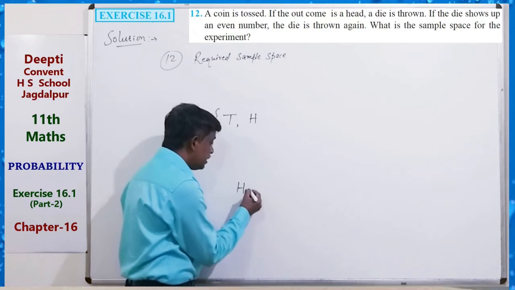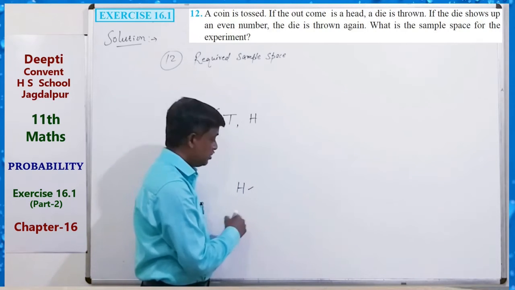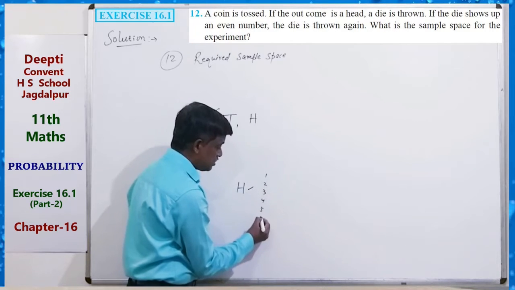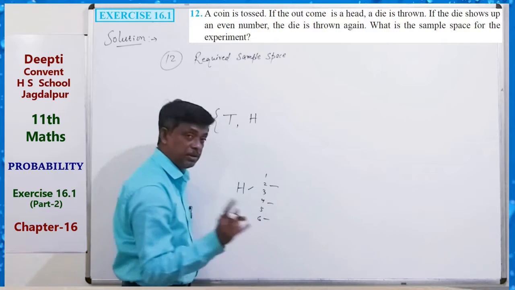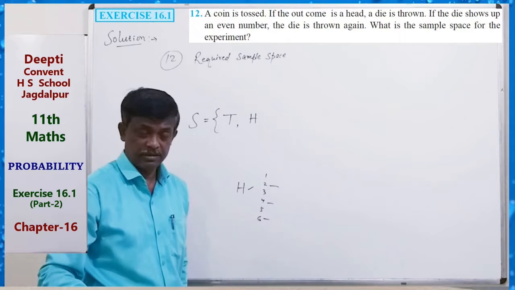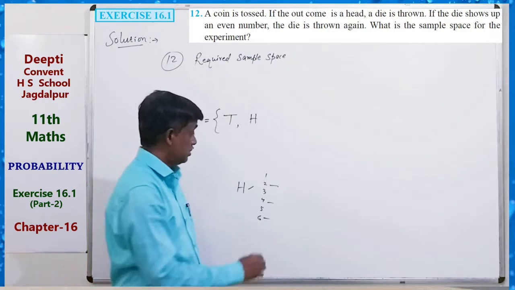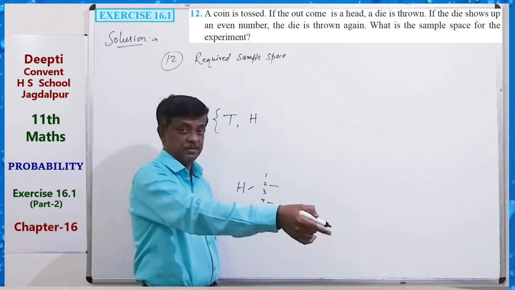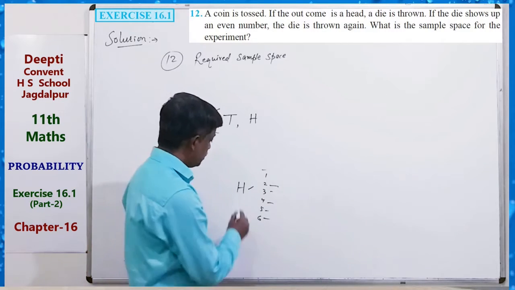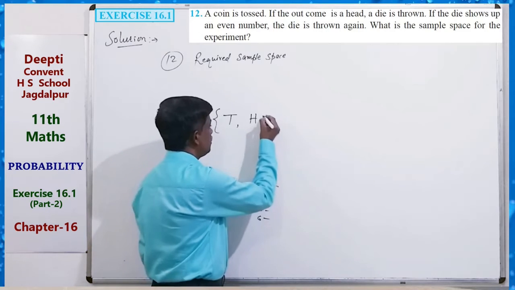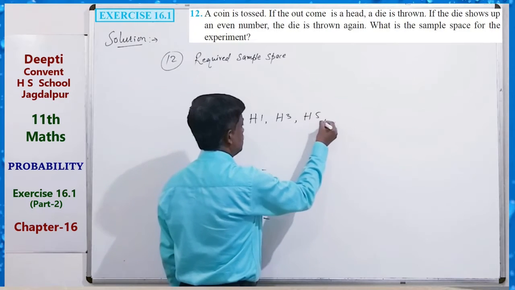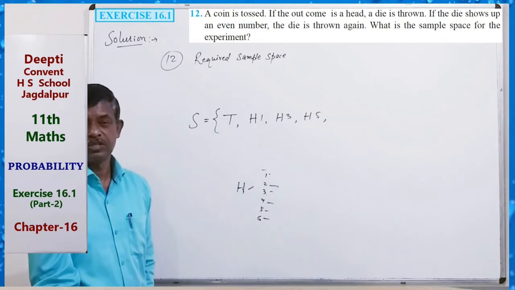So with this head, we can have numbers 1, 2, 3, 4, 5, 6. 2, 4, 6 are even numbers. If 2, 4, 6 come, then throw the die again. If 1, 3, 5 come, nothing to do. So H1, H3, H5 will also be possible outcomes.